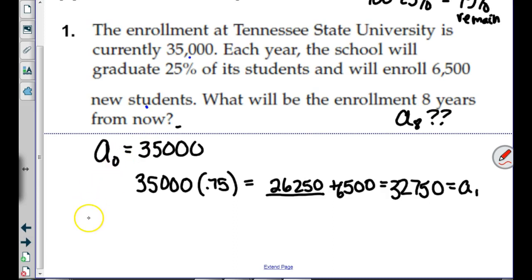So every term that we do takes the previous term, and what 2 things did we do? So we multiplied by 0.75, and then we did what? Added 6,500.